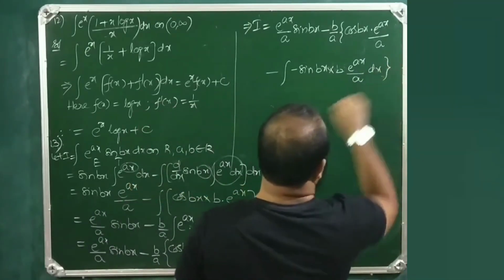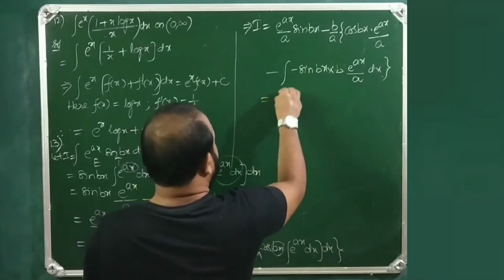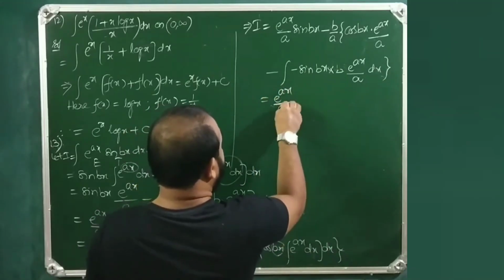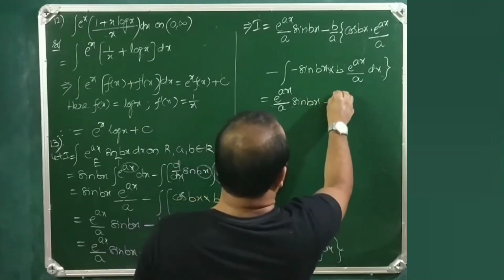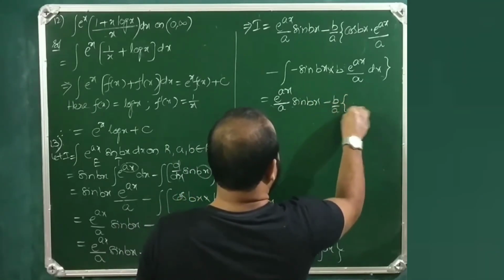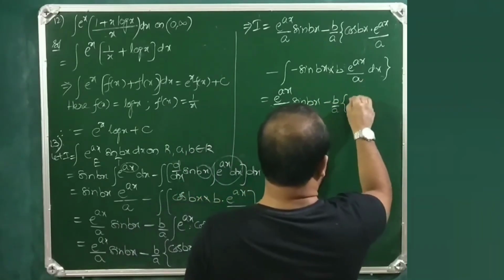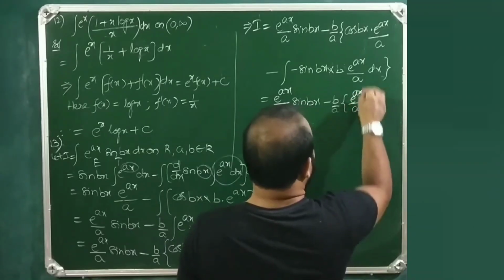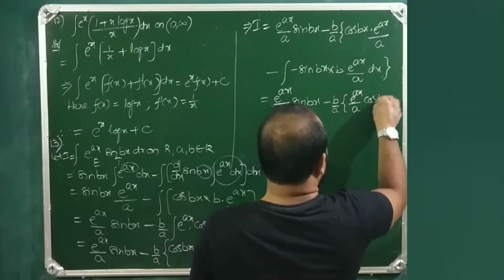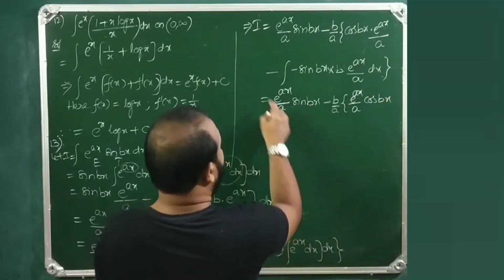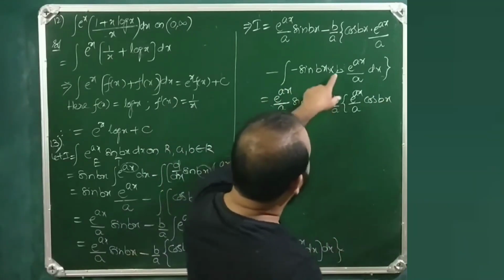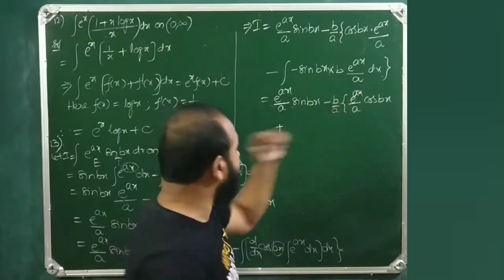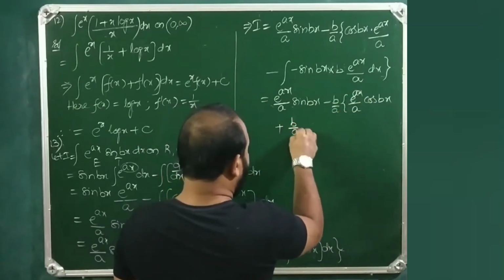So bracket closed. So this is e power ax by a sin bx, minus b by a into e power ax by a into cos bx. So here minus into minus is plus. Here b by a is constant, so let us separate it from the process of integration.